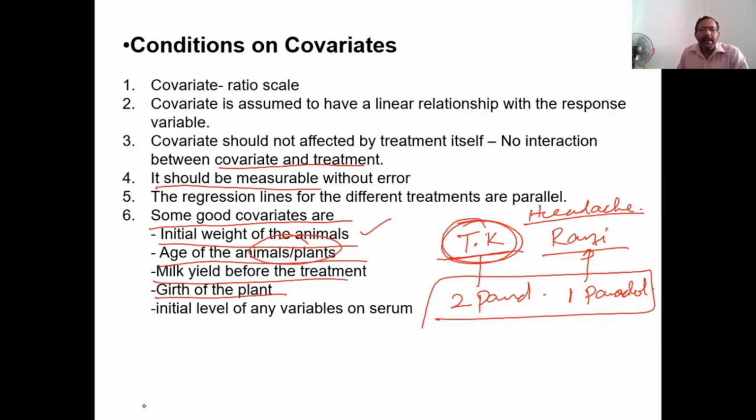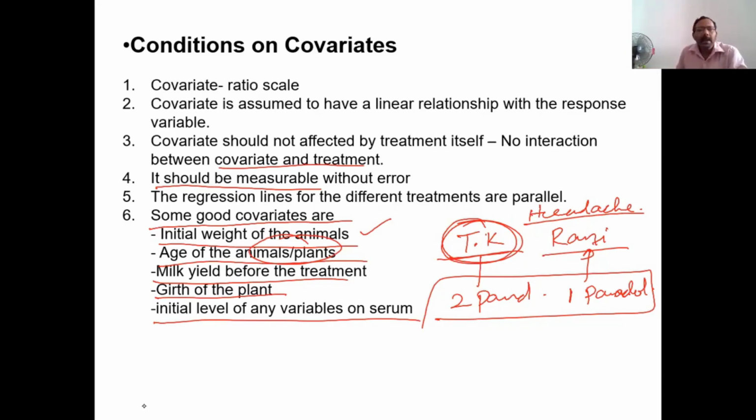Initial level of any variables in serum. If you take, let's say, 2 people with the same age, same weight, everything the same, but their serum levels are different. The blood count, white blood cells, red blood cells, the amount of oxygen in the cells, those are different. So before giving any treatment, we can take all this information as the covariate.